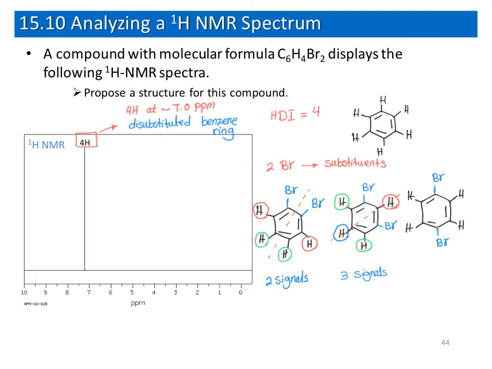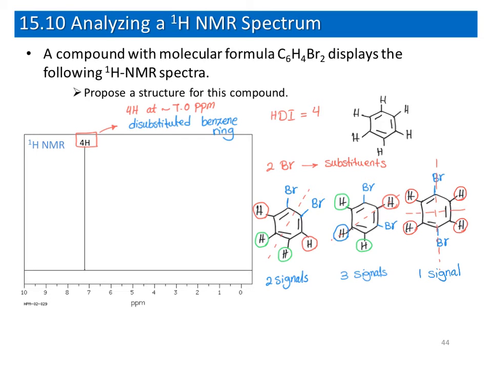Now how about the last one? We have symmetry here and we have symmetry here. So these two hydrogens should be the same, these two are the same, so basically all of these 4 hydrogens are the same. We are going to see one signal for all of these, one signal with integration of 4.